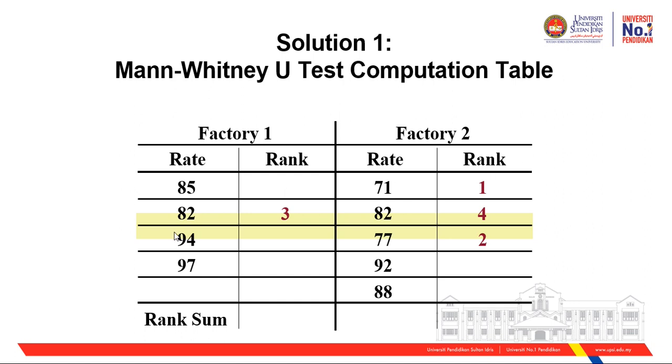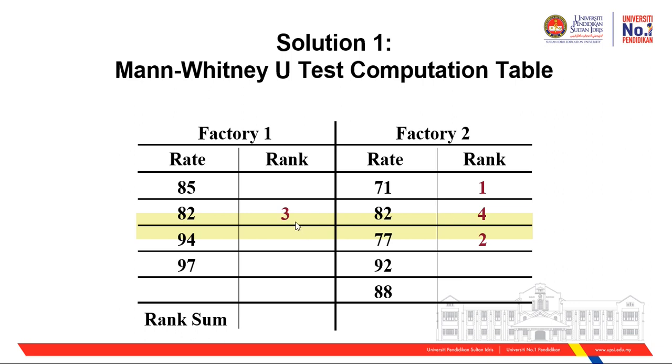Next, we have 82 in both factory 1 and factory 2, so the ranks here are ties, the same value. So we need to take the average. Because it has the same data, the rank is not 3 and not 4.